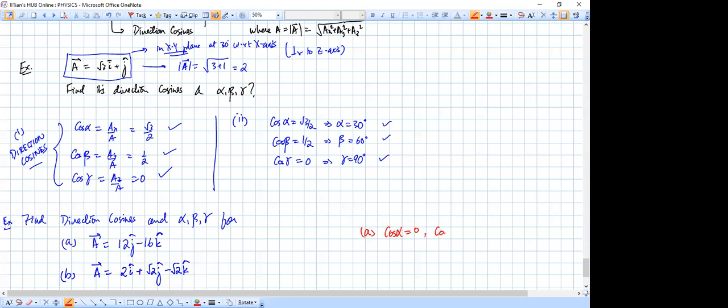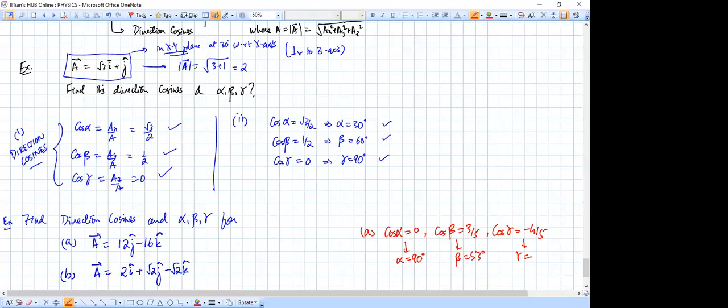Cos alpha is 0. Cos beta is 3 by 5. And cos gamma is minus 4 by 5. So this tells me that alpha is 90 degrees, beta is 53 degrees, and gamma is an obtuse angle.